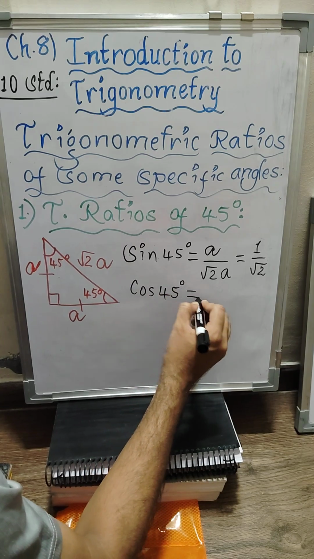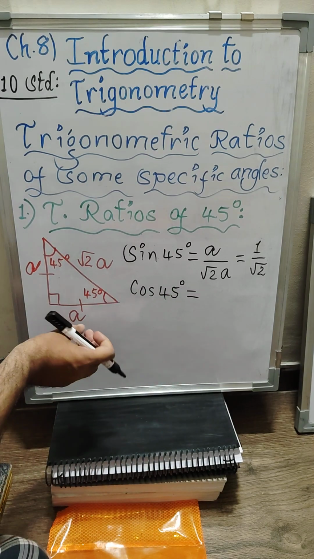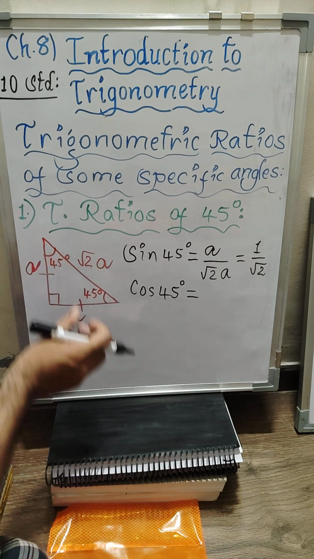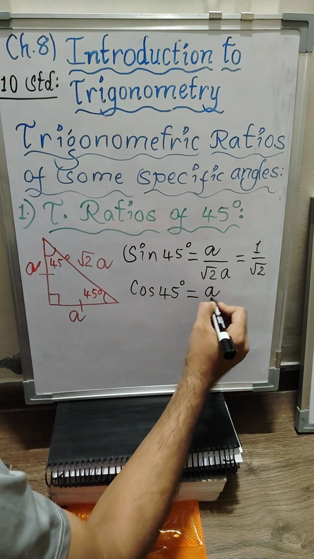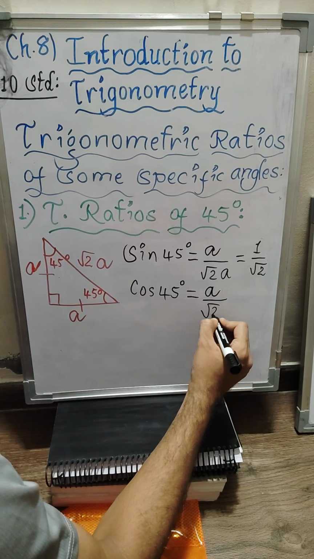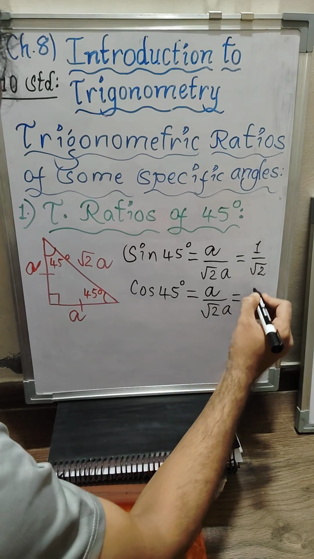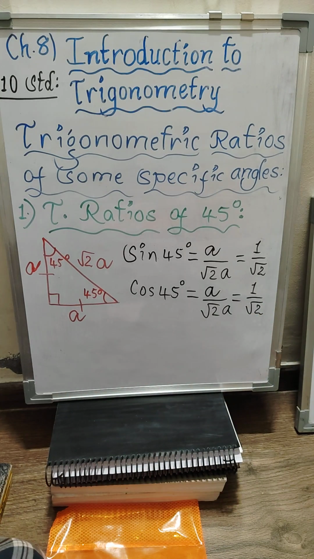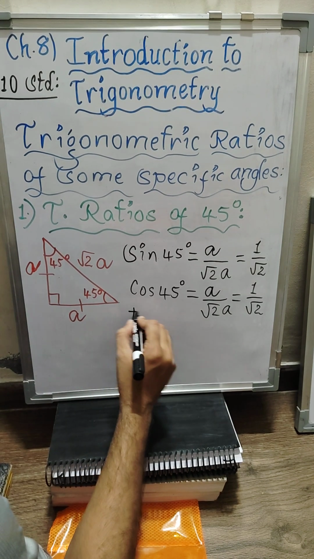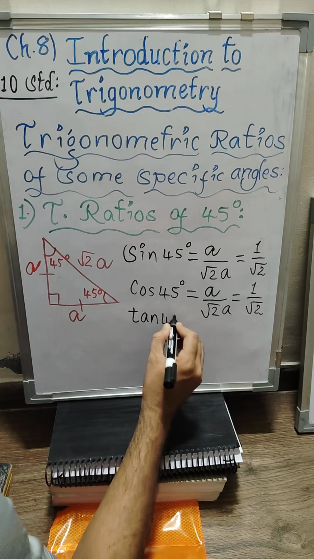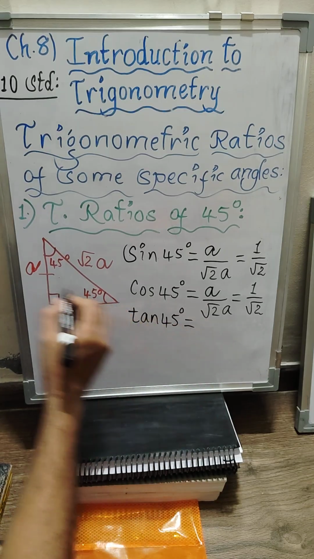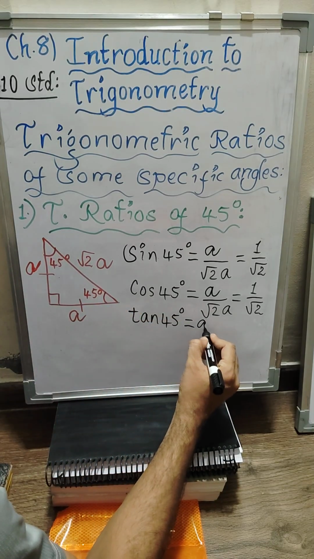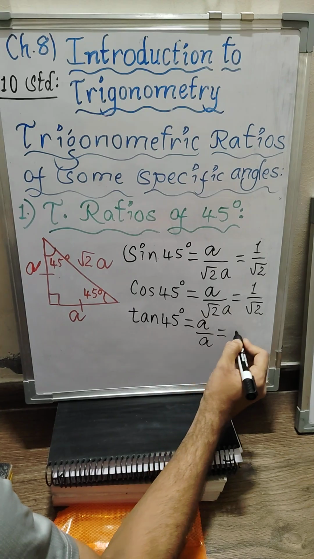We know that cos of some angle is equal to adjacent side to that angle by hypotenuse. So a by again root 2 a units, whose value is 1 by root 2. And then tan 45 degrees is equal to opposite by adjacent. So a by a, whose value is 1.